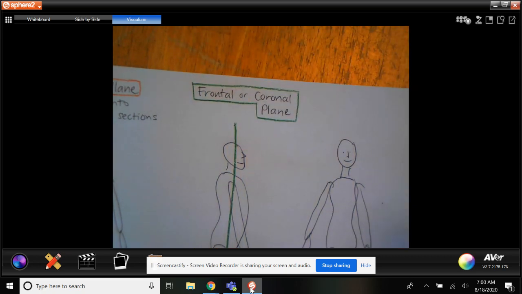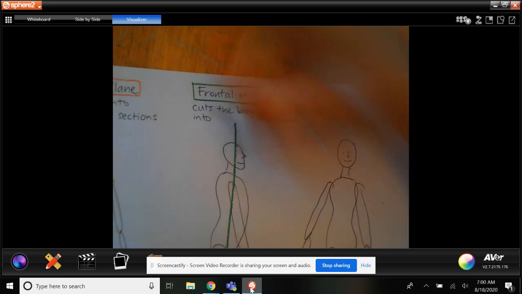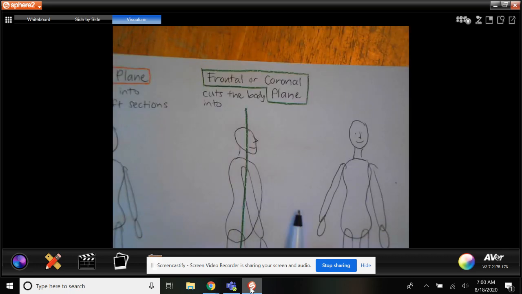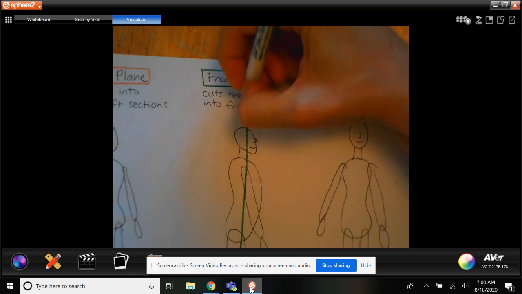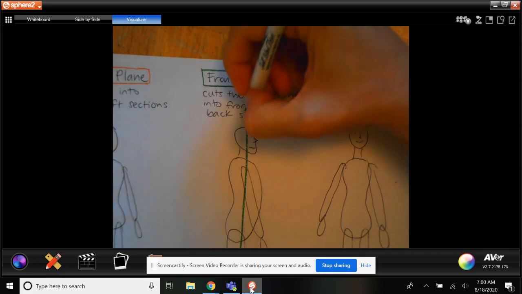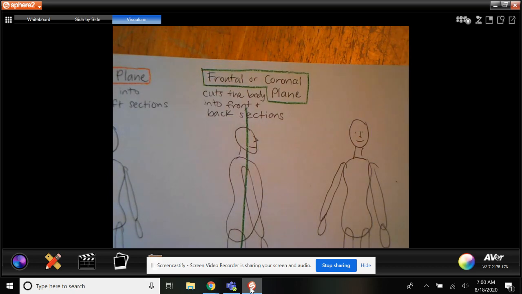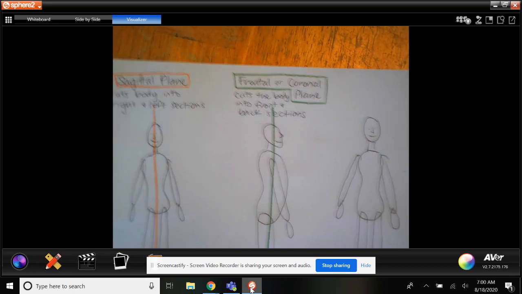And this cuts the body into, so now we've got everything on the front of his body and everything on the back of his body. So it cuts the body into front and back sections.